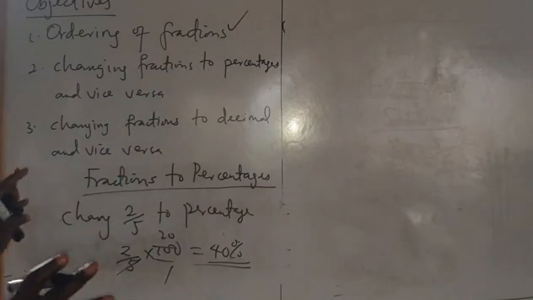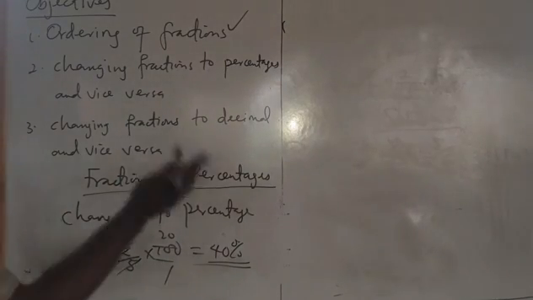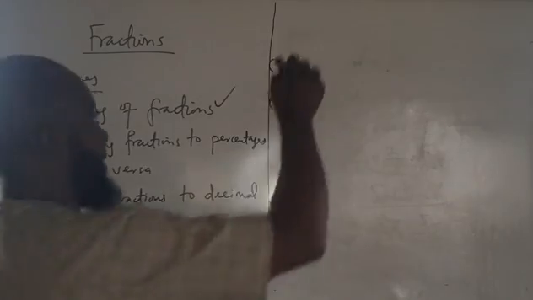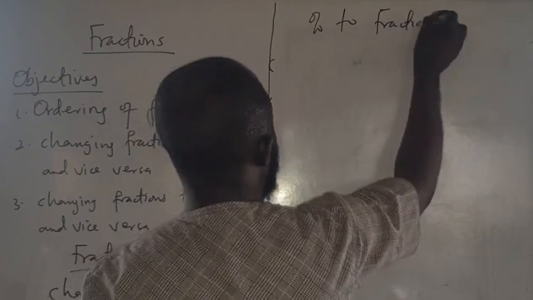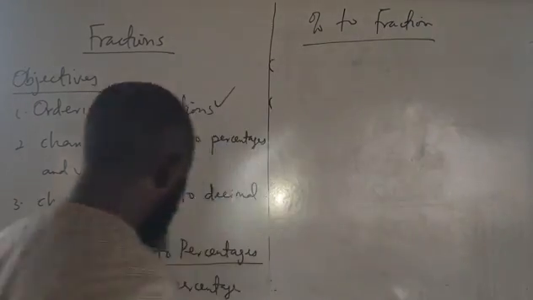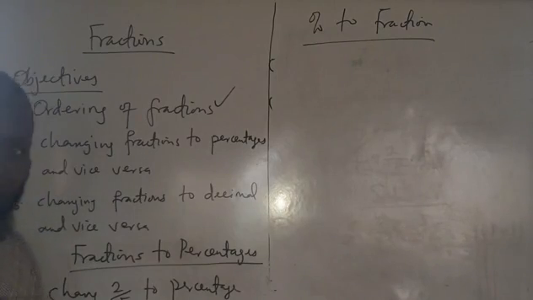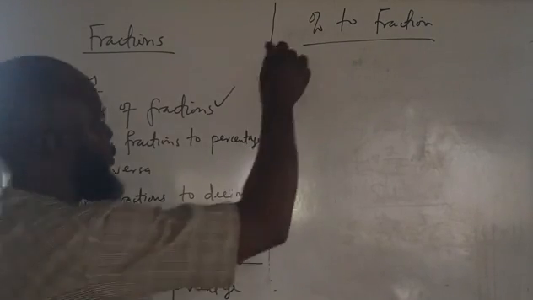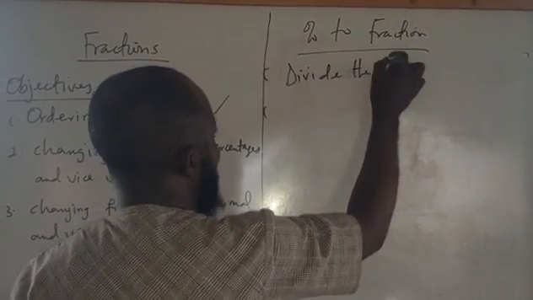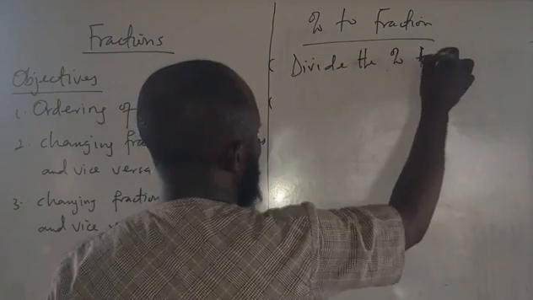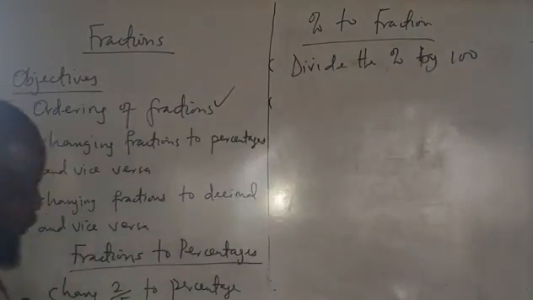That is just it. If you want to change this back to a fraction, that is percentage to fraction, what you're going to do is just divide the percentage by 100. So I want to change this one to a fraction now.